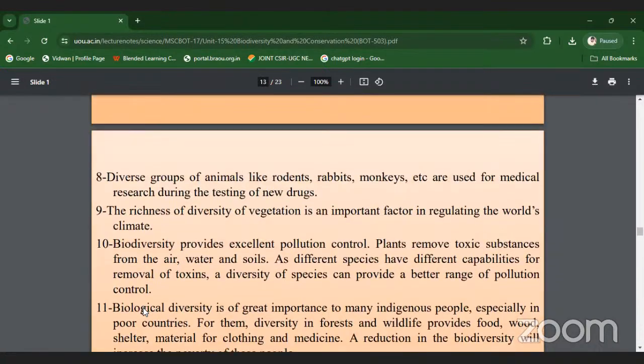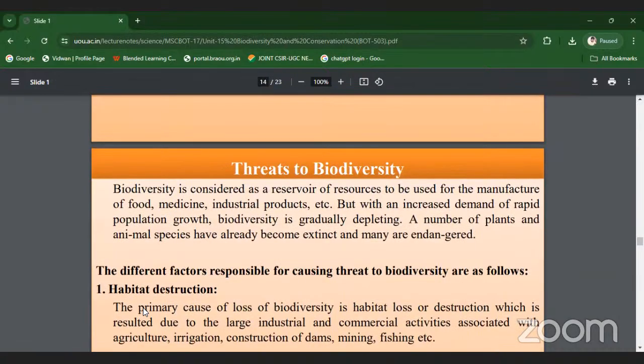Threats of biodiversity come after value and threats. From here, some of the areas and species are given, but you can read them in our book. No need to explain what richness of plants there is in the Western Ghats and the Himalayas.